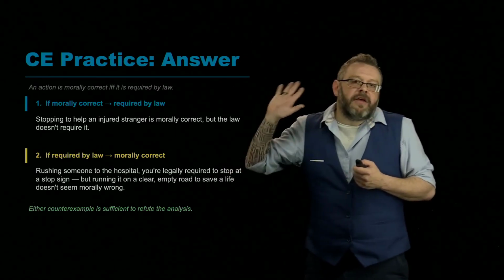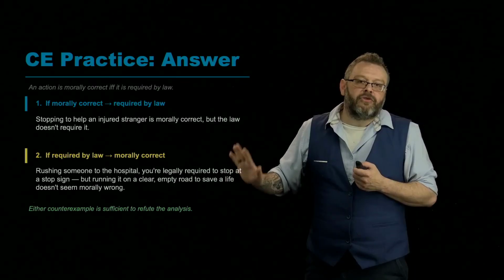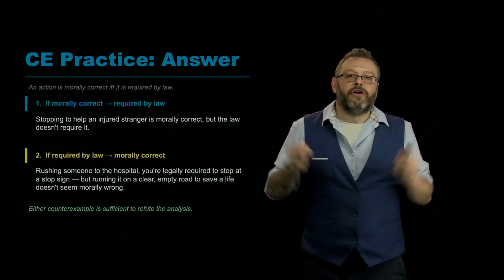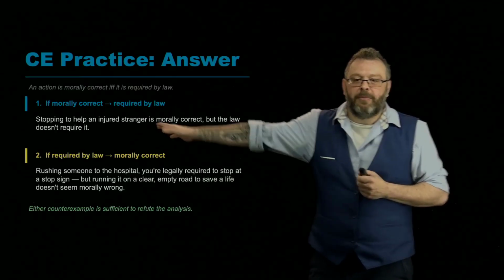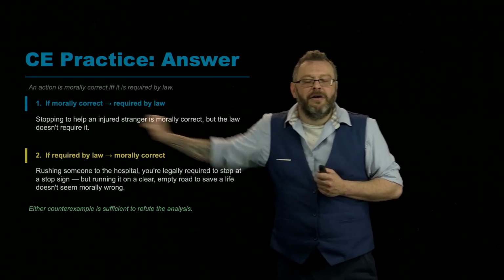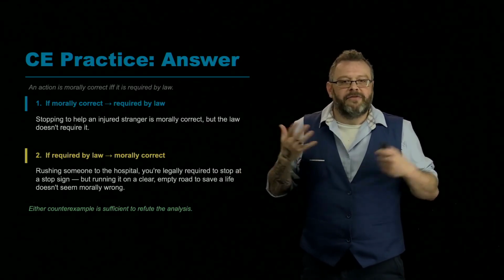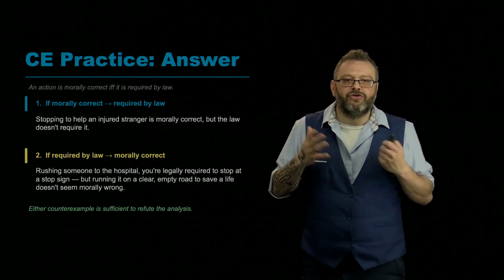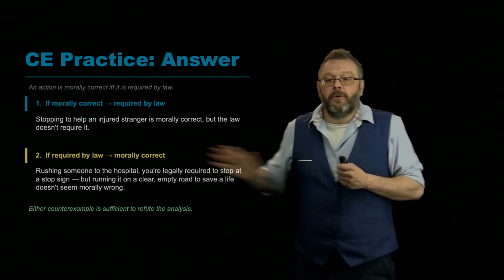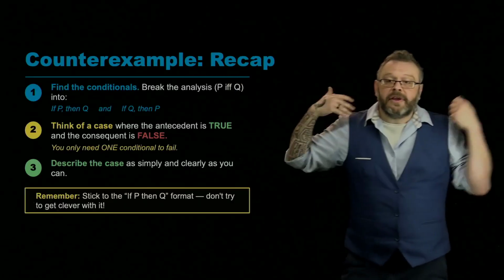But if I'm rushing somebody to the hospital or trying to outrun a tornado or something like that, I'm not going to make a full and complete stop at a stop sign, right? Stopping at the stop sign is required by law, but it might not be morally correct, right? If it ends up getting me or my passengers injured or killed, that's not going to be cool. So those are how counterexamples work.